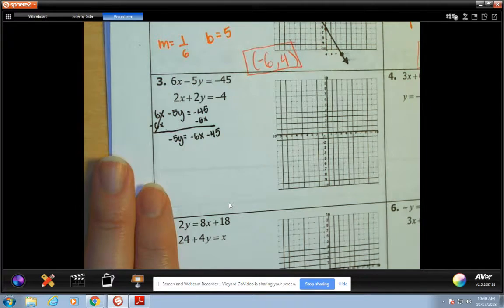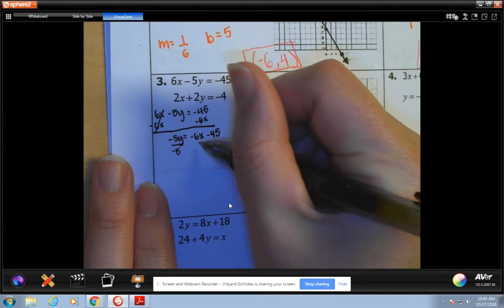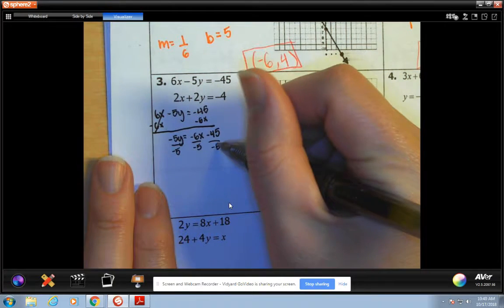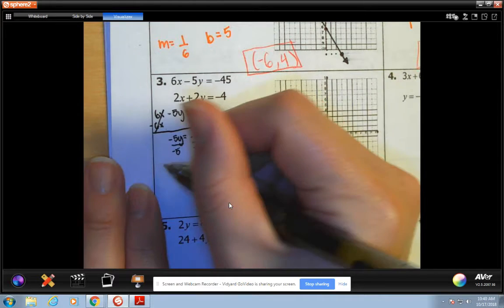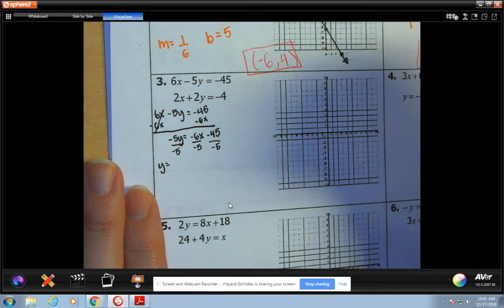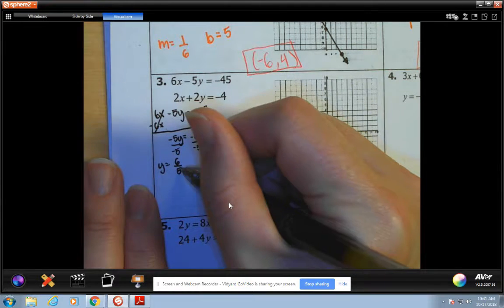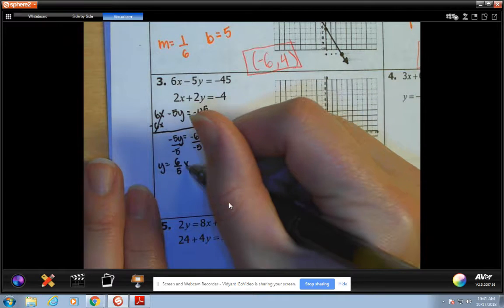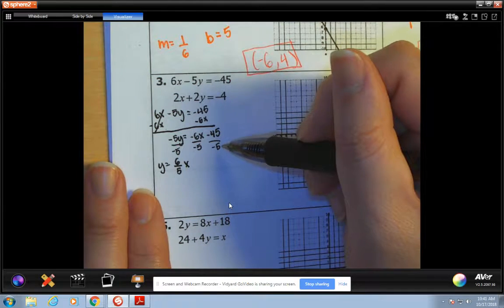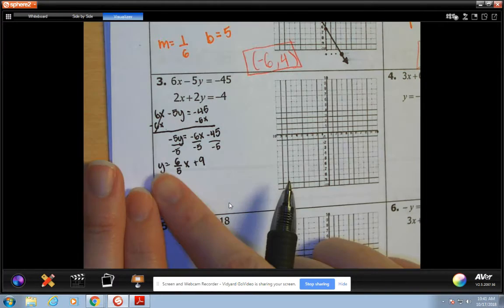Now we want the y by itself, so I have to divide by -5 all the way across, and you get y equals -6 over -5, which is positive, because a negative over a negative is positive, so 6 over 5 x, and -45 divided by -5 makes that a +9.